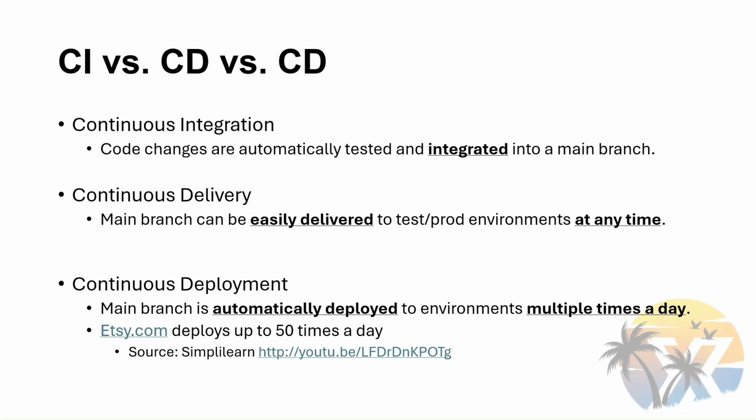Because if a developer submits a code change and it passes all the testing, well then just make it live. So that's the difference: continuous delivery is that you can deliver at the press of a button. Continuous deployment is that it's automatically delivered all the time.